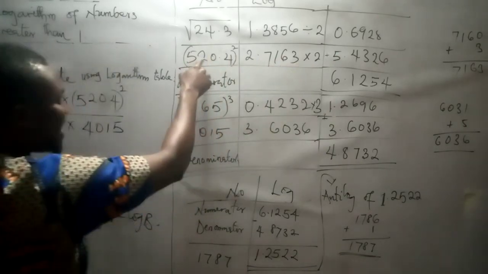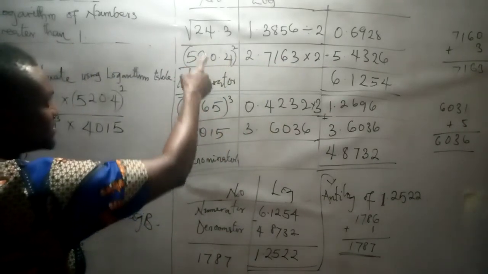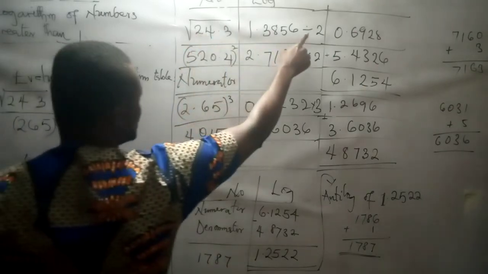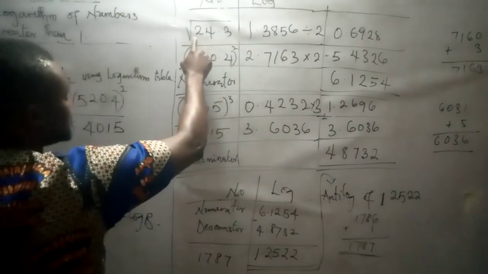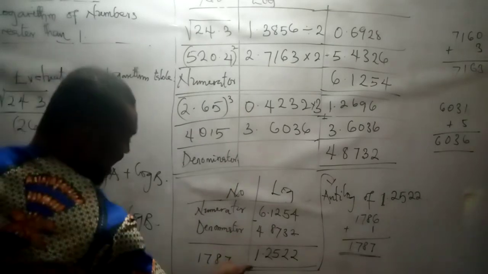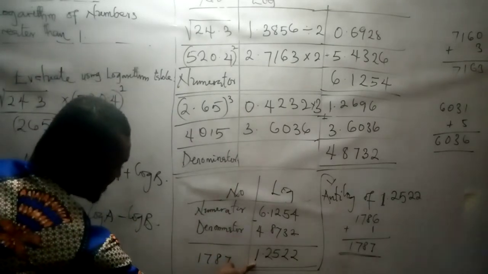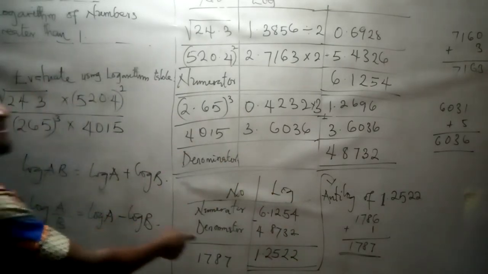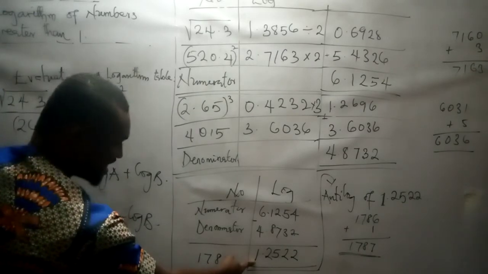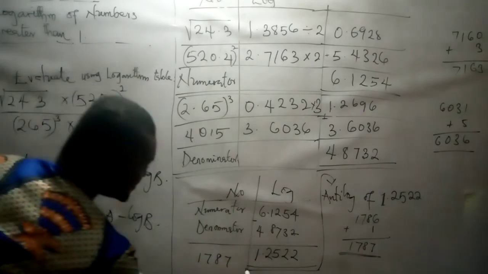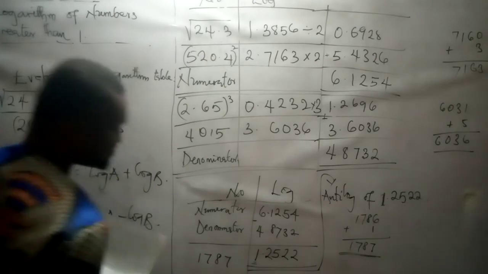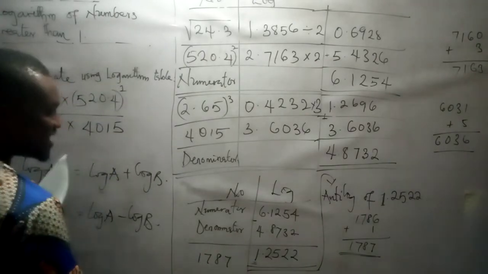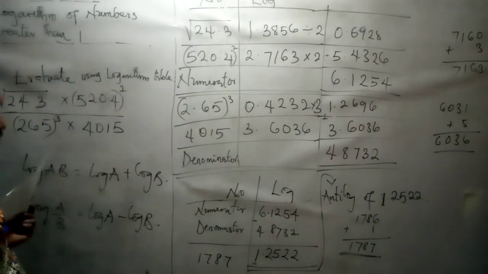That means one of the digits is subtracted. Like this very one, the characteristic is 1, but we have 2 digits. 1 is subtracted. So at this very point, we have one as the characteristic. To bring it back to the number, you have to add 1 to the characteristic. And if you add 1 here, automatically it becomes 2. Telling you that you are going to move the point 2 times.